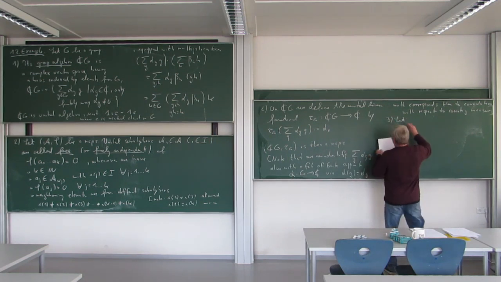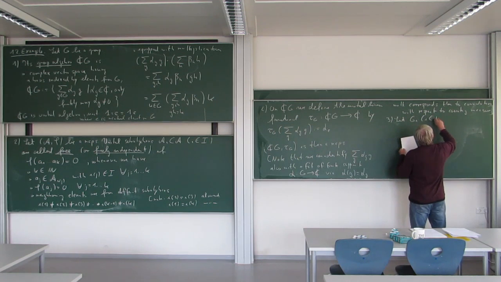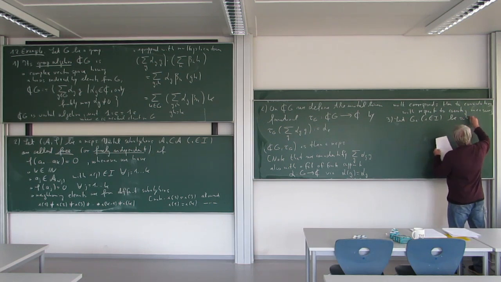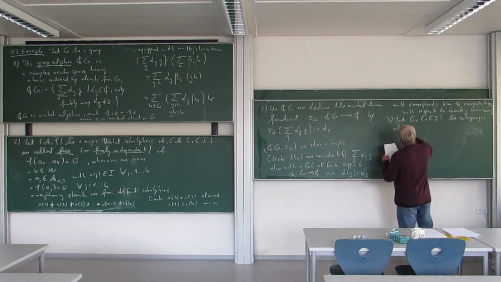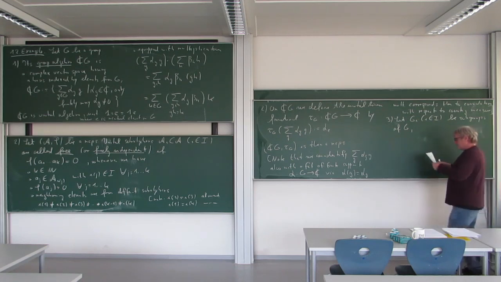So consider now G_i, indexed by i. Assume those are subgroups. Then of course, if I take the group algebra of those subgroups, they are canonically embedded in the group algebra of the big group, and they are subalgebras.